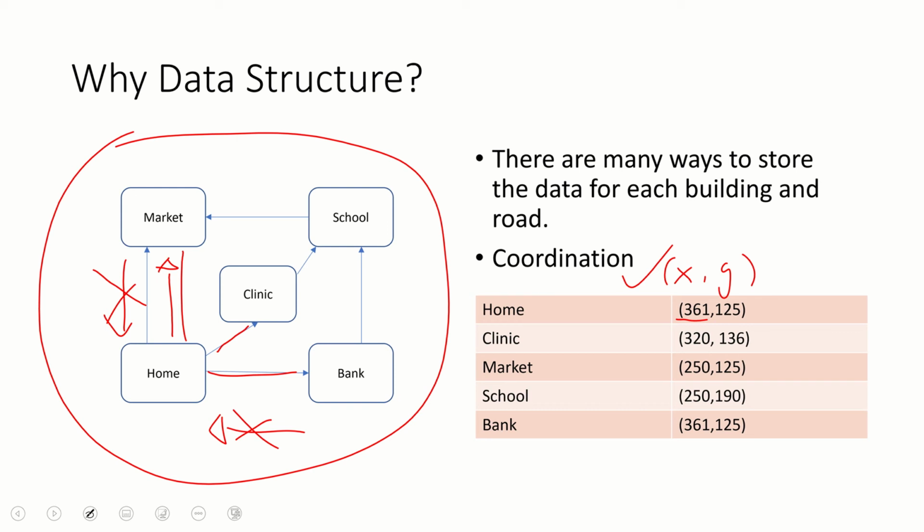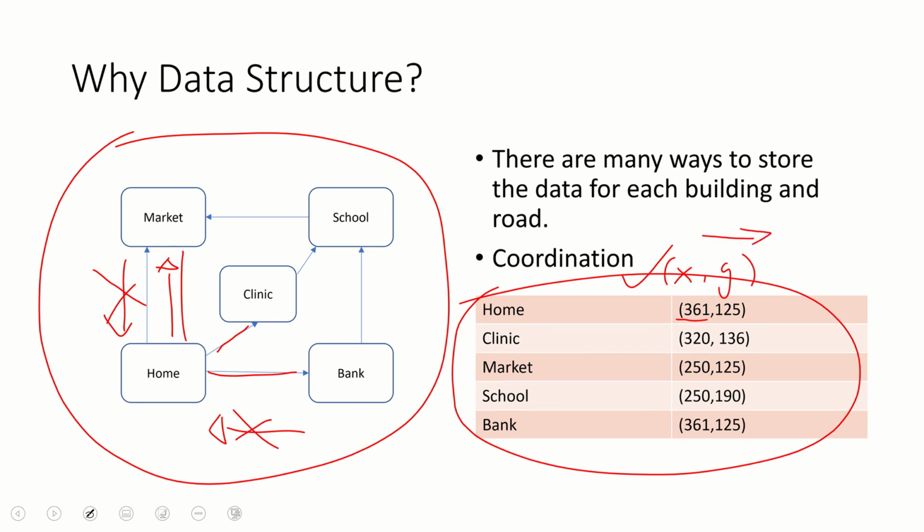But this way of storing the data cannot tell us whether we can go from home to the market, or from school to the market, because it only states the coordinates and doesn't give any direction, right?